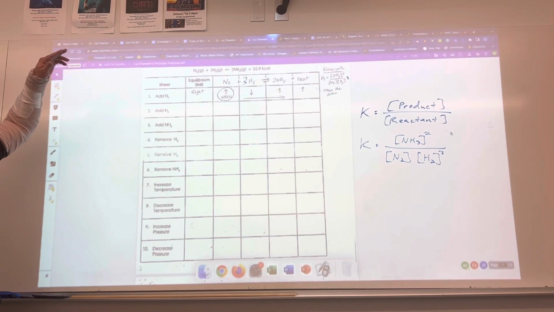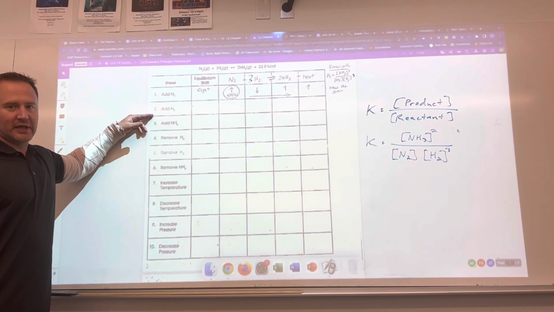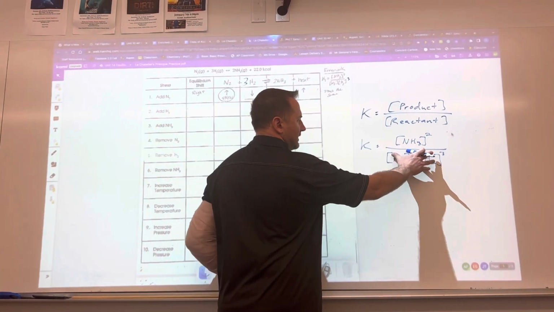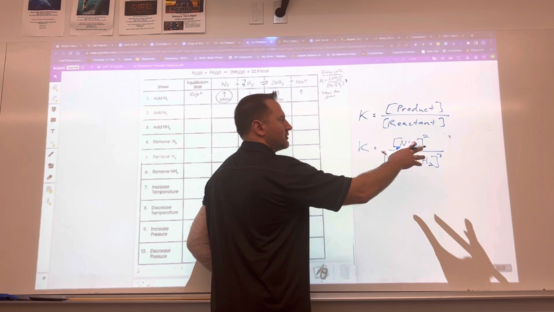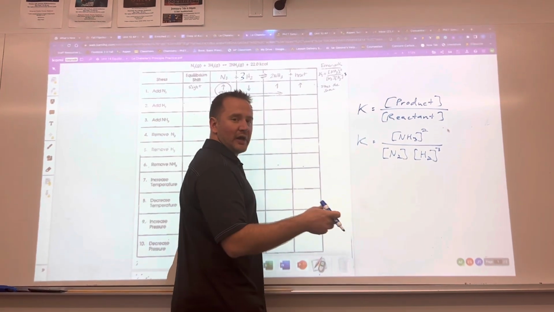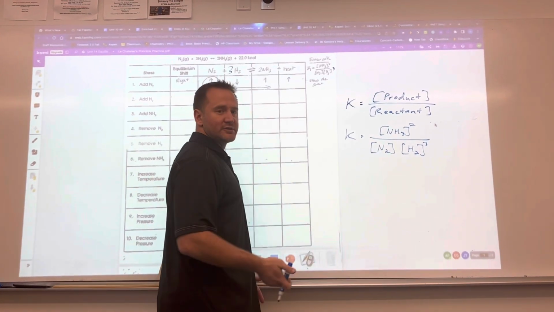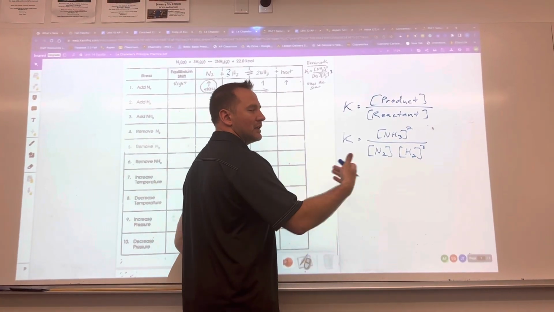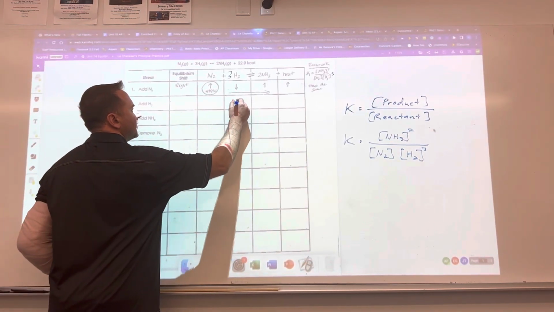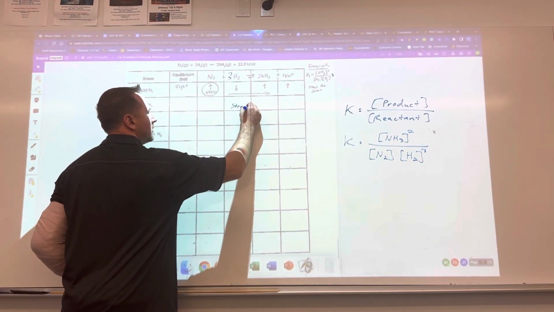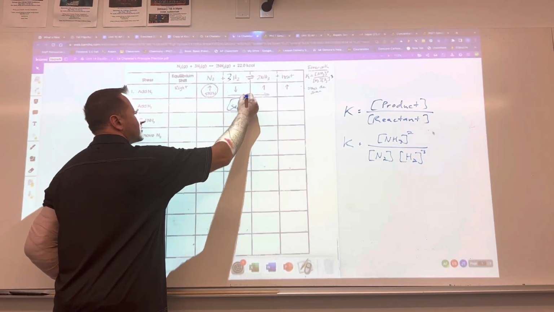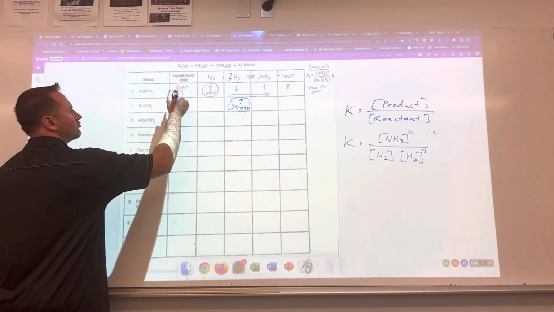So let's take a look at some of these situations. If I add hydrogen gas, that's adding a reactant. That would essentially increase the value of the denominator to be higher than what it should be at equilibrium and make it so that our Q value, or these ratios at any point in time, would be less than K. So if our stress is increasing our concentration of hydrogen, it's going to shift the reaction to the right.